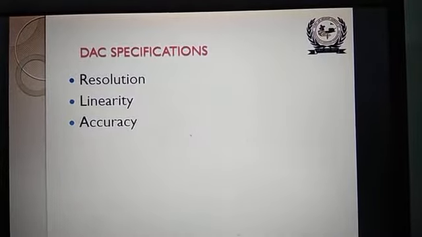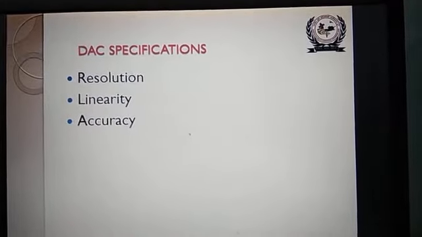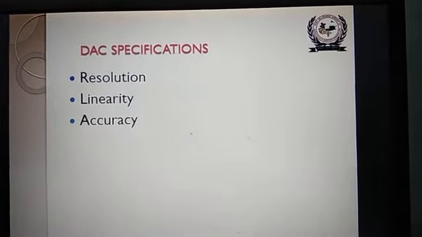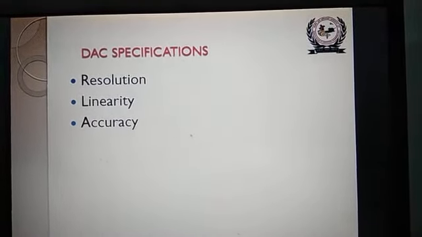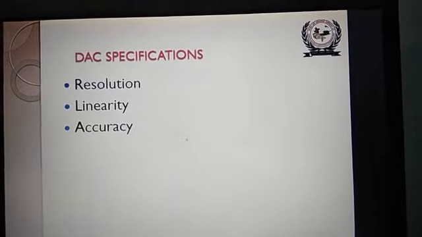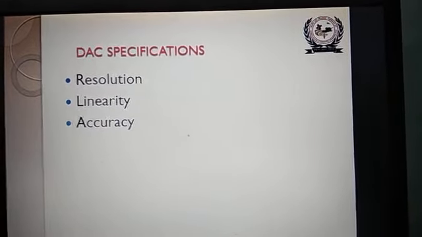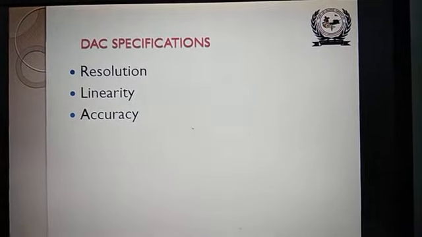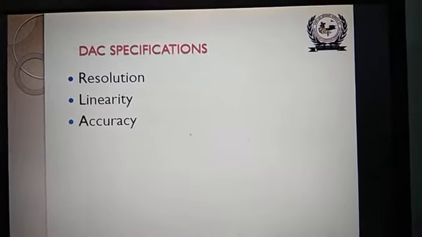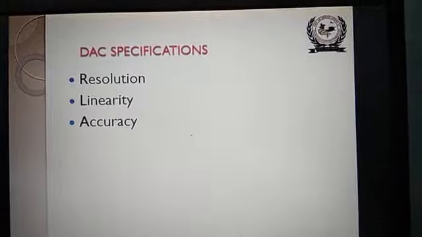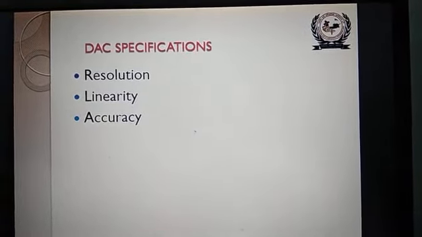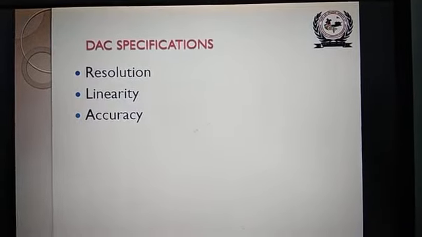Then, what is the accuracy? Whether you are getting 100% accuracy. Let us say for digital input 001, the output is supposed to be a 1 volt analog signal. So you must get the accuracy. Our accuracy should be plus or minus 1 by 2 of the desired value.